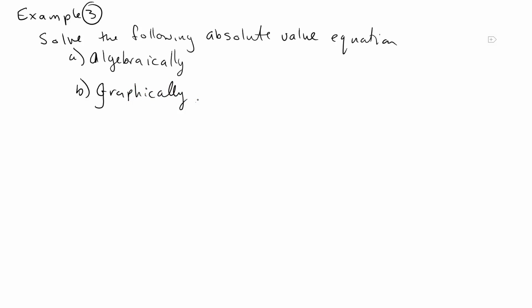So graph it and solve it algebraically. First things first, let's write down the equation. Absolute value of x squared minus 4 equals 5.